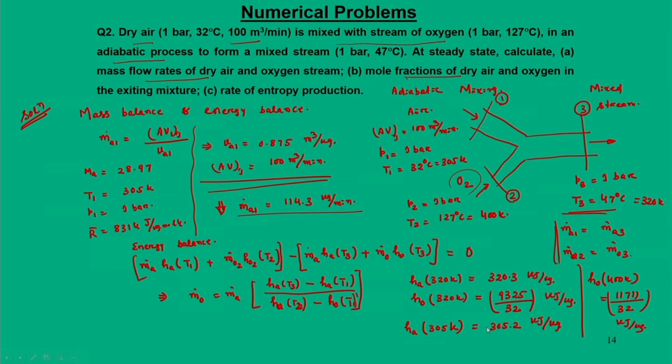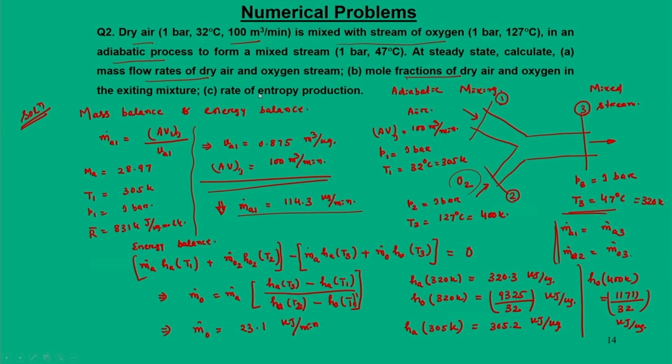This data we get from thermodynamics books, towards the end of these chapters or books. So after inserting these numbers, we get m dot O as 23.1 kilojoule per minute. This gives the information about mass flow rates.